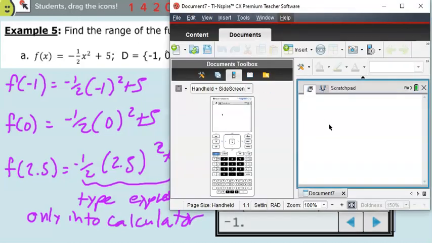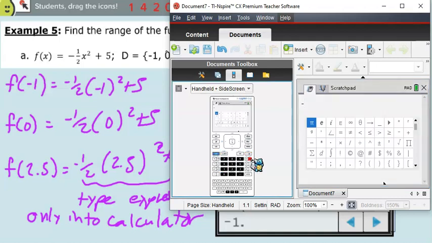So let's go ahead and type this in for the first one. So we have negative 1/2 times, well, to get the fraction, you could do control divide on the TI Inspire.